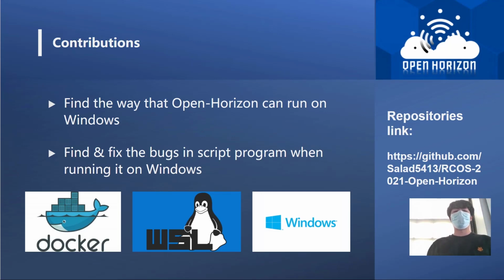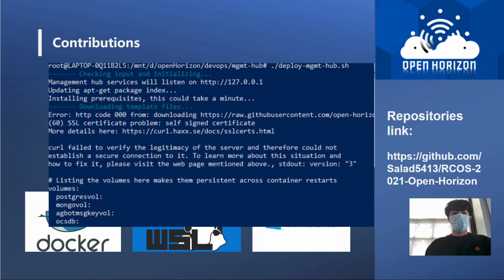Since we don't have previous experience with .sh files, there are still some errors, but we can now successfully run this .sh file in the Windows shell. And as you can see, this is our current block. It shows that there is an SSL certificate problem.